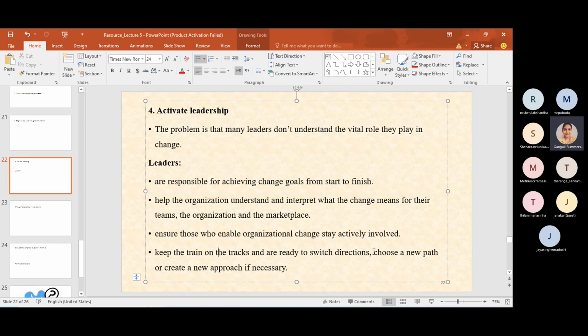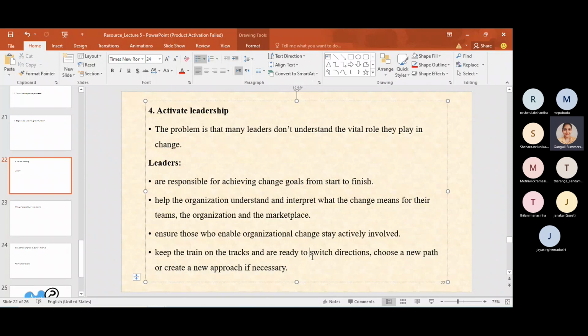Okay, so if your employees are facing challenges or problems, what are the new paths or new approaches that you can take? Okay, so as an active leader, you need to pay attention to this stuff.